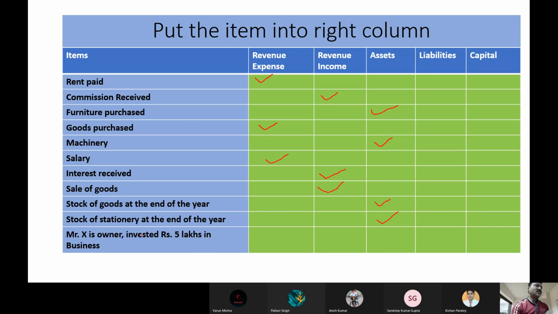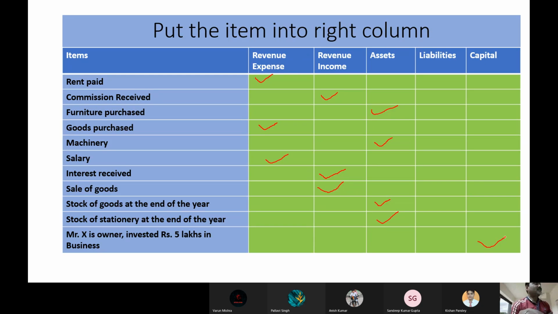Owner's money is called capital, so it will be put on the capital side, right? And there are no items in this slide relating to liability. Okay, I hope you have understood this slide: which one is called revenue expenses, revenue income, assets, liability, and capital. Now we are moving forward.